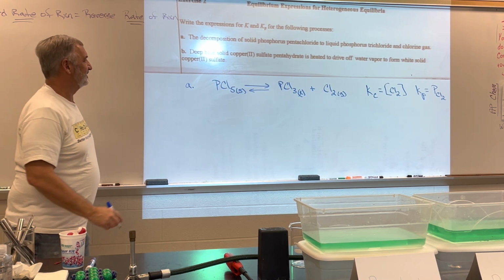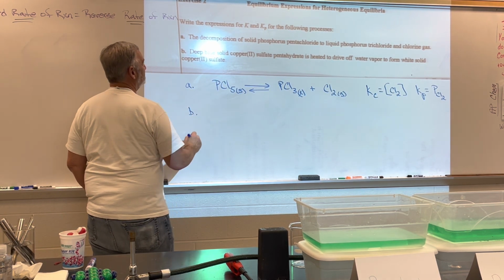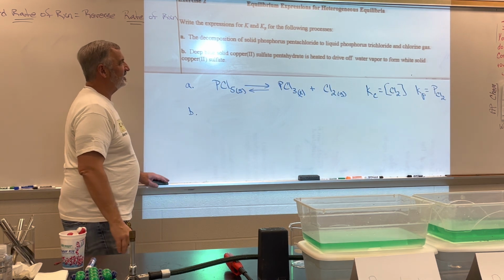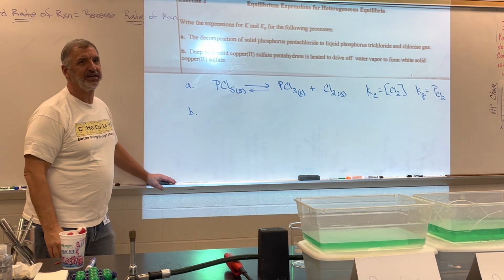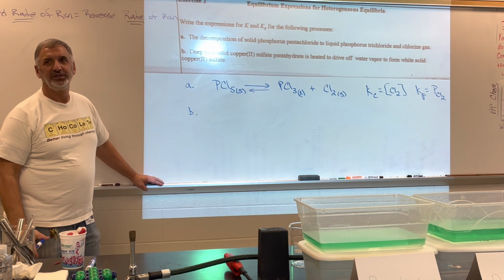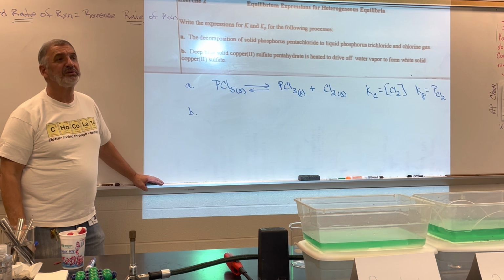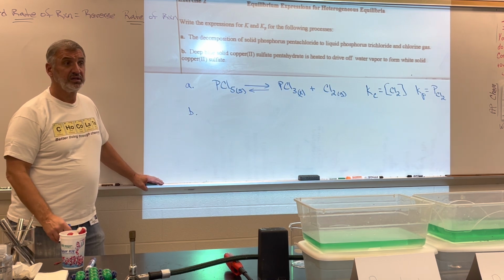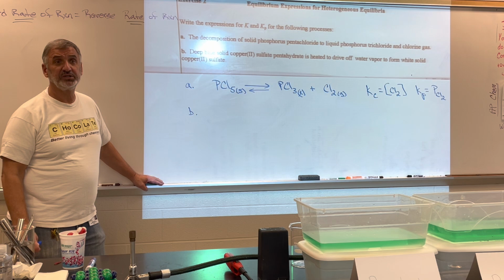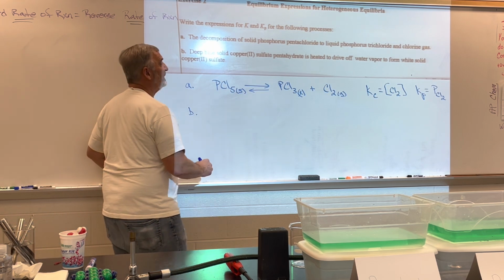All right, B, it's a little bit fancier. Deep blue solid copper 2 sulfate pentahydrate. Woo! What does the Roman numeral 2 tell us? Oxidation state is what?